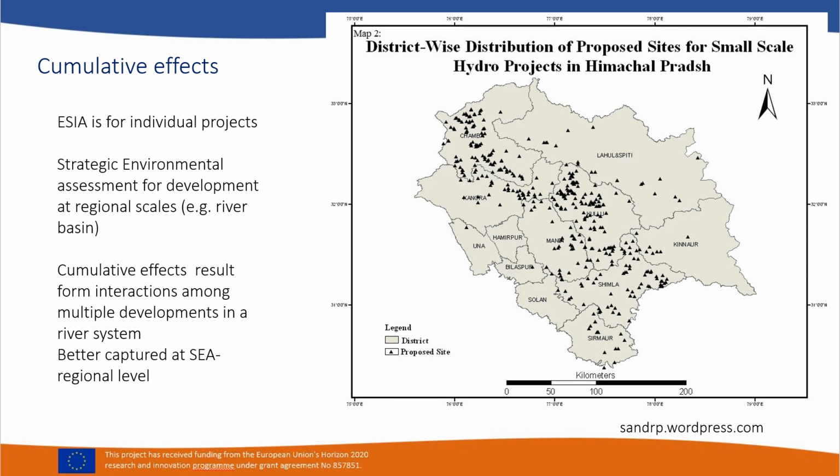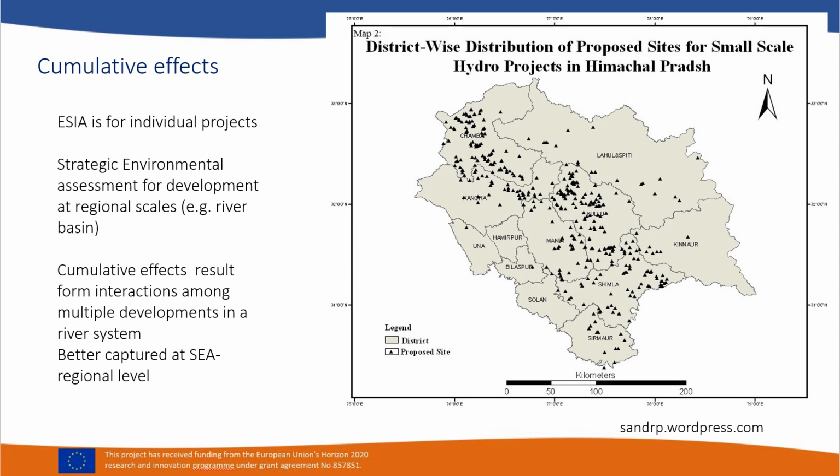So why are cumulative effects important? Because initially it was considered that small hydropower developments didn't have the impacts of large hydropower developments. So many of them had proliferated in different parts of the world, in different river systems, and some of them are also excluded from a thorough assessment.